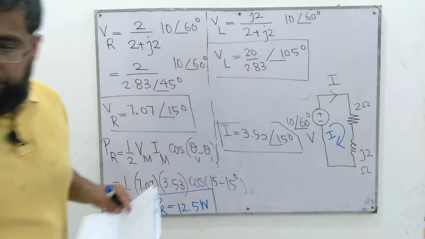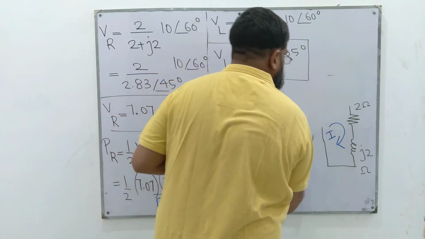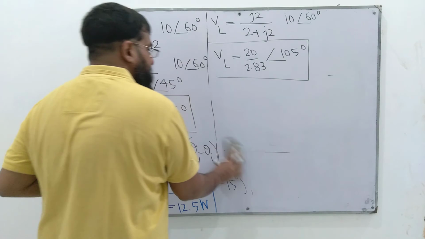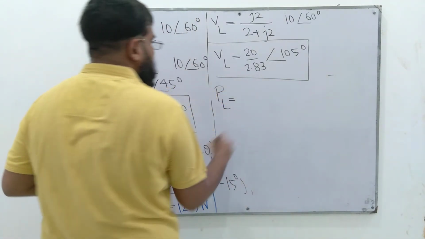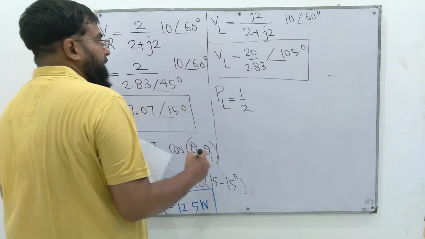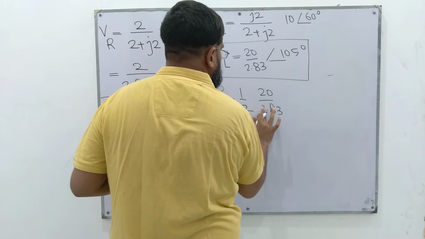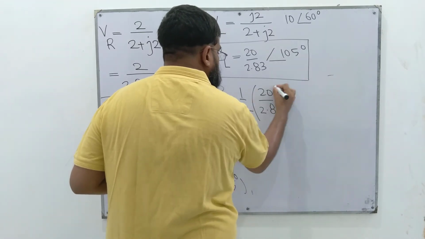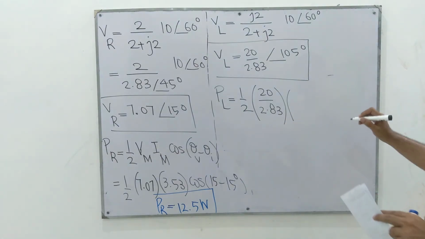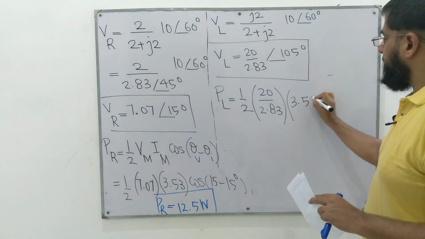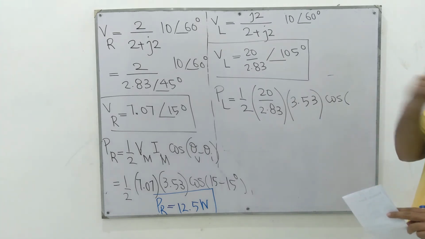So what we are required to do now is to compute the power. Power in the inductor would be 1/2 times the magnitude of VL, which is 20 divided by 2.83, times the magnitude of current, the same current flowing through every component. It's a series circuit. The current is 3.53, cos of the angle.